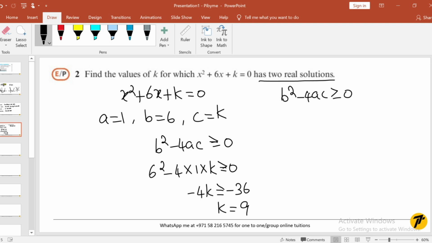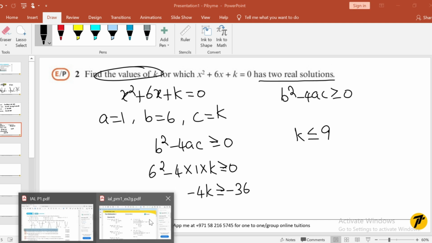That's the reason the question says find the values of; mostly they will say find the range of values of k. I made a slight mistake here again. When you divide by a negative number, you have to flip the sign. So k is less than or equal to 9. That's the range of solutions.